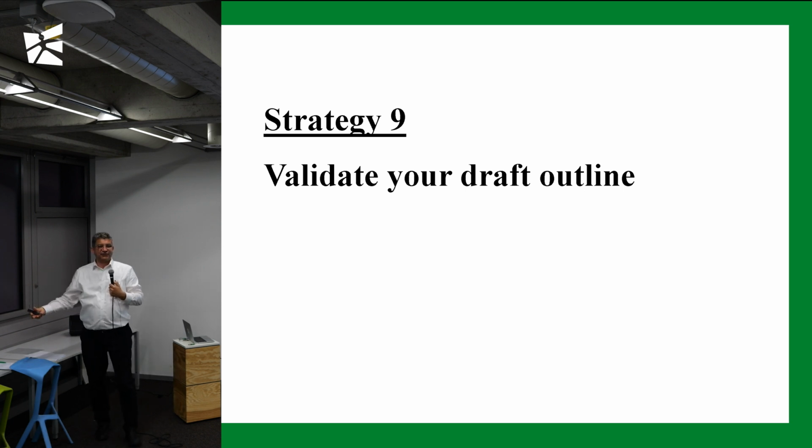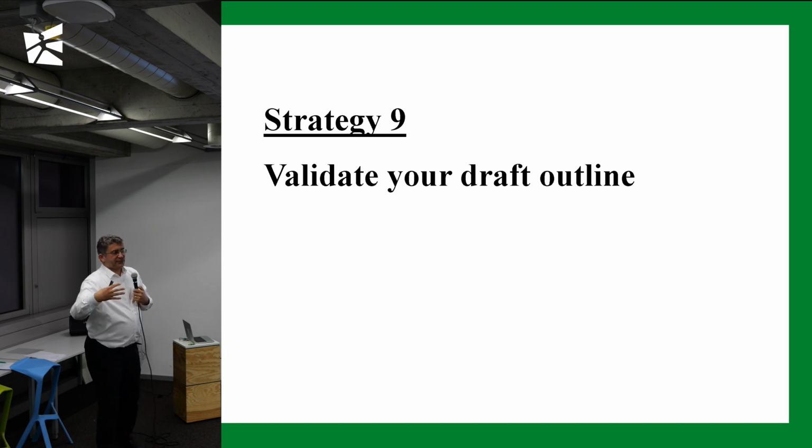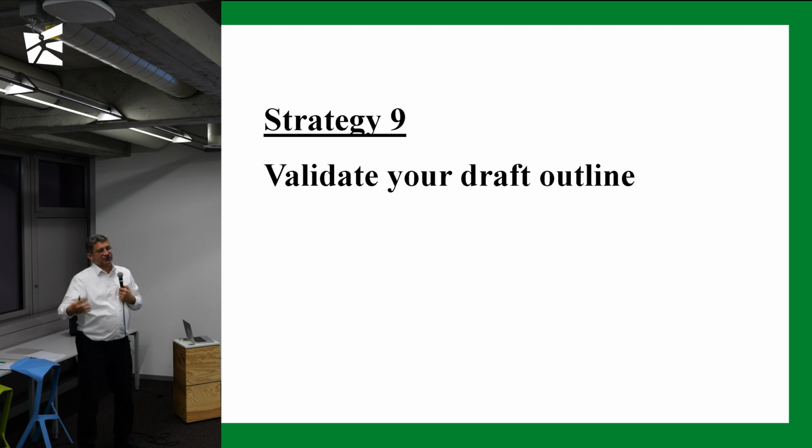What are those 5 sections? How do I get from section 2 to section 3 to section 4, etc.? Get someone to validate that outline. Start with a peer. If peers have no time, well, they're also very busy. Ask your tutor. If your tutor has no time, you could come to the Writing Lab.